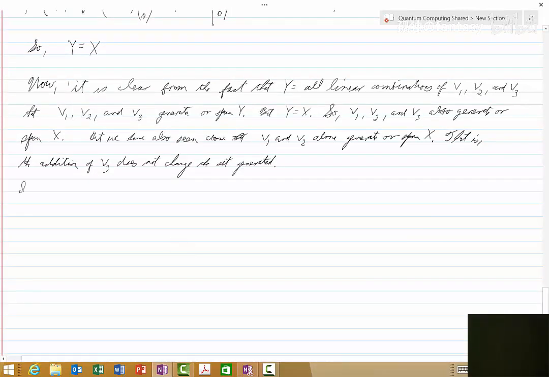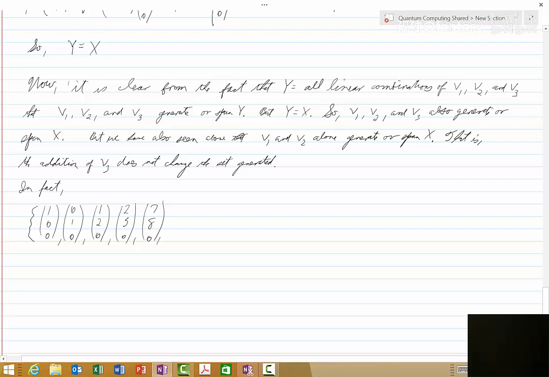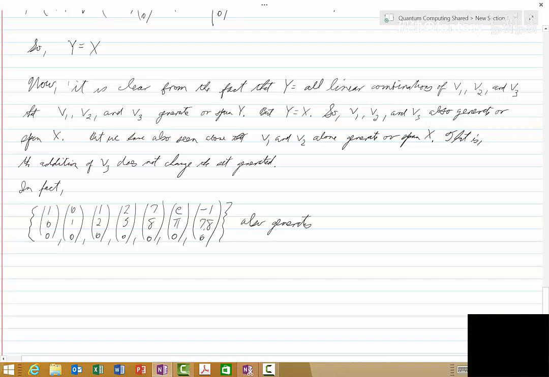In fact, now let's just look at this. 1 0 0, 0 1 0, 1 2 0, 2 5 0, 7 8 0, e pi 0, negative 1 7.8 0, also generates x.